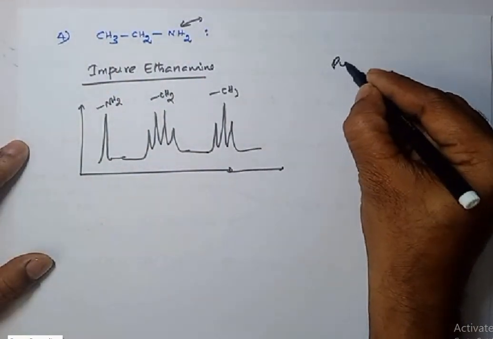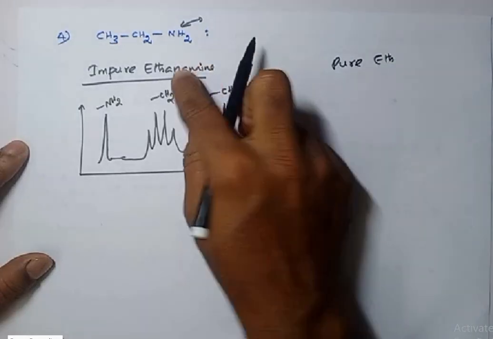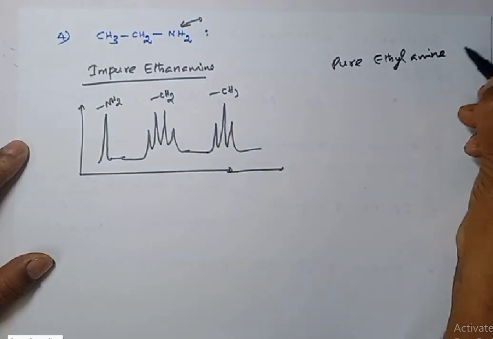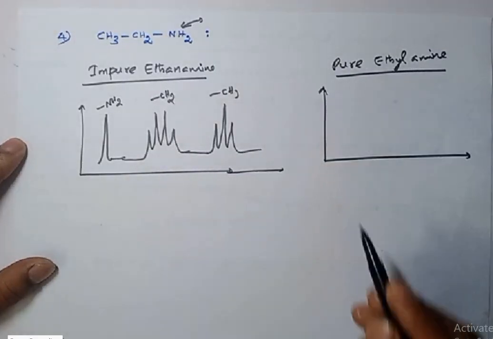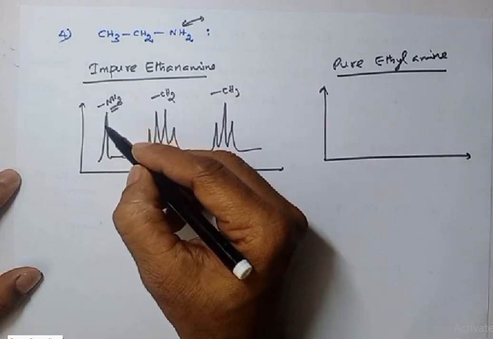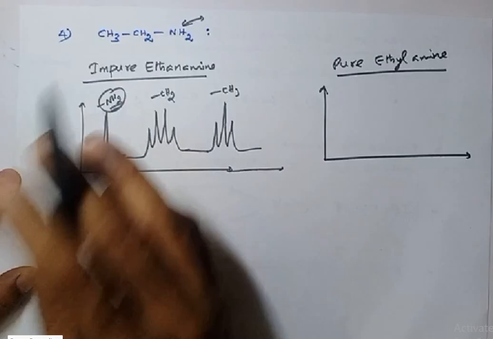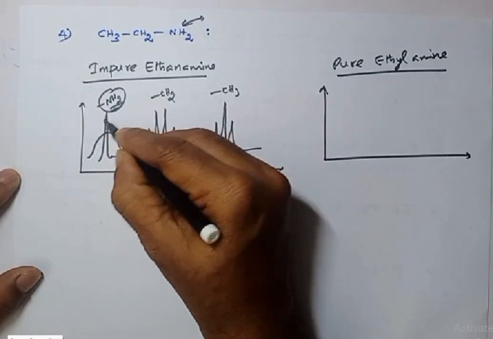If I take pure ethylamine, 100% pure ethylamine, ethanamine is the IUPAC name, and now I am writing the common name, ethylamine, how will the spectrum look? This is very, very important. Observe carefully. Usually, due to fast exchange, the NH2 or NH proton, the amine protons, appear as a broad peak. It does not appear like this.